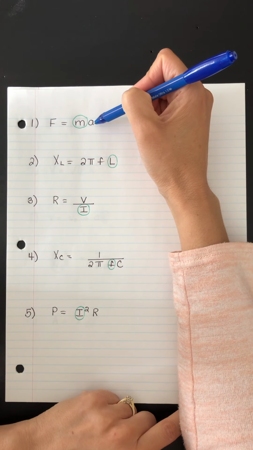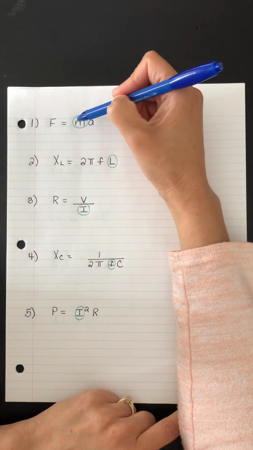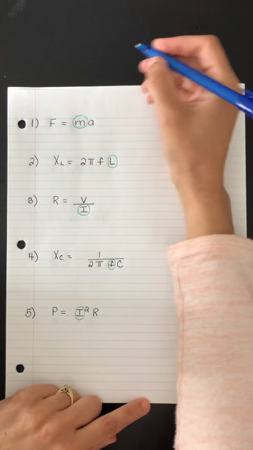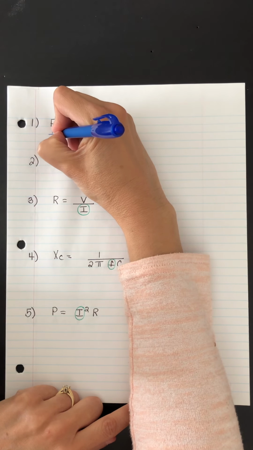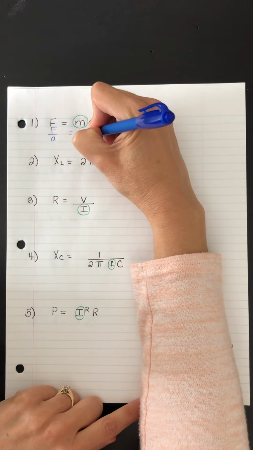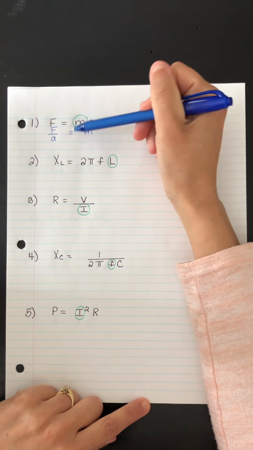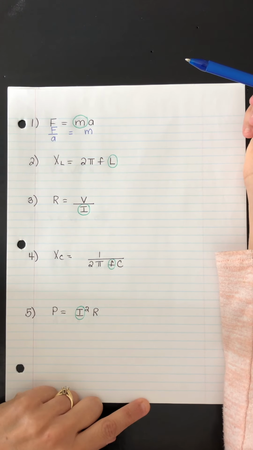So what we have to do is divide both sides of the equation by a to get m by itself. So division is the opposite of multiplication. So our formula for mass is force divided by acceleration.